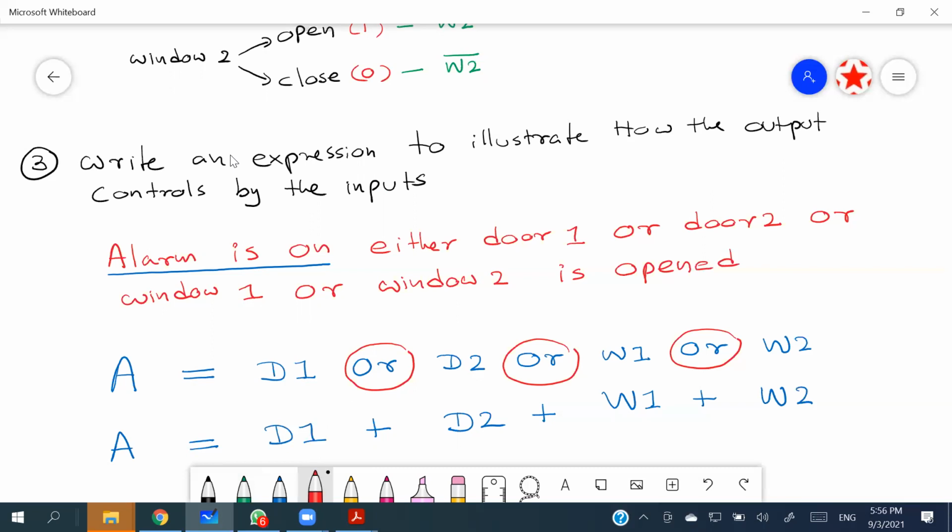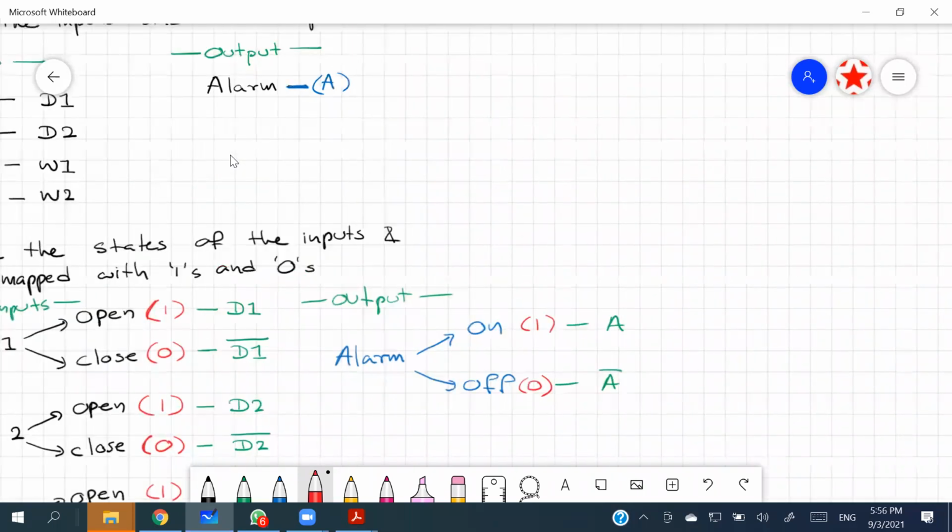Right. So then we match that expression to the variables that we have determined. So alarm is on. You can clearly see the alarm is on is indicated by A according to that particular variable.